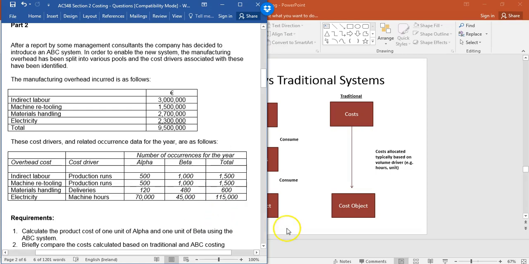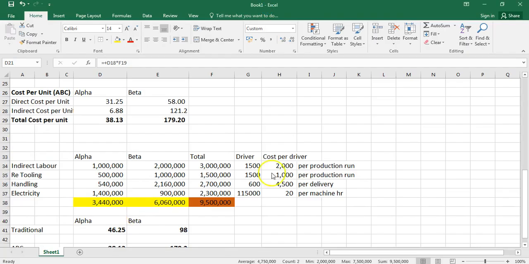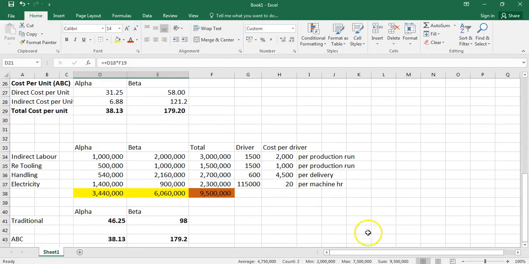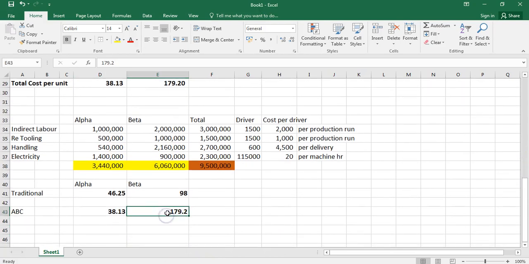And they are the key reasons why, when we use activity-based costing, it's a lot higher. And what we're looking for here is that in the traditional, alpha was overcosted. It was given too much of the overheads, and perhaps then you'll end up pricing yourself out of the market because you're basing your cost on 46 instead of 38.